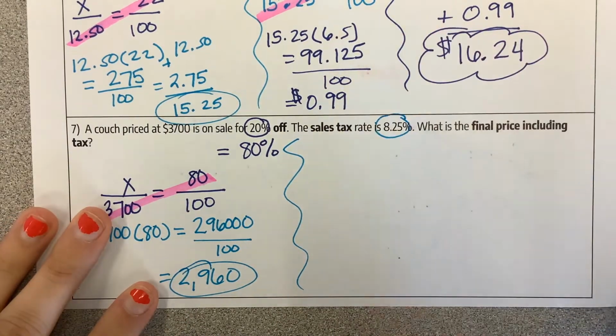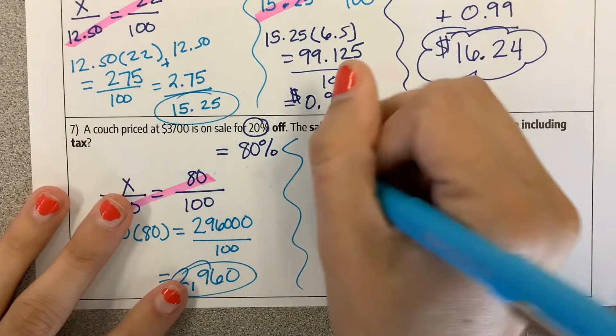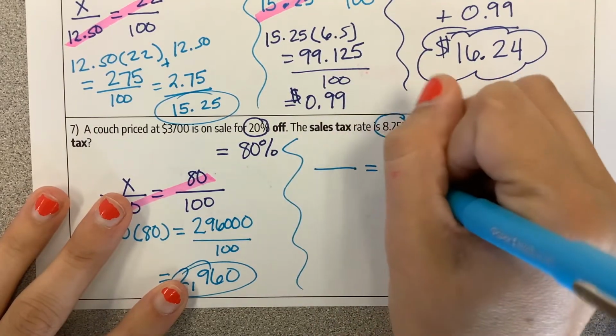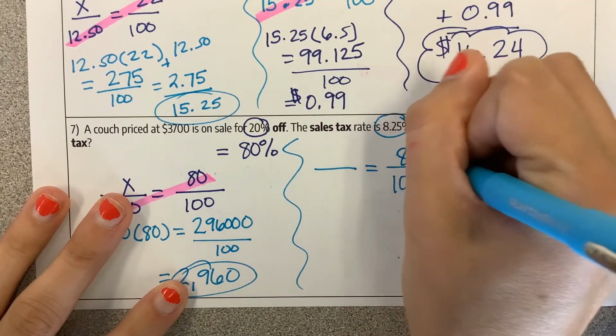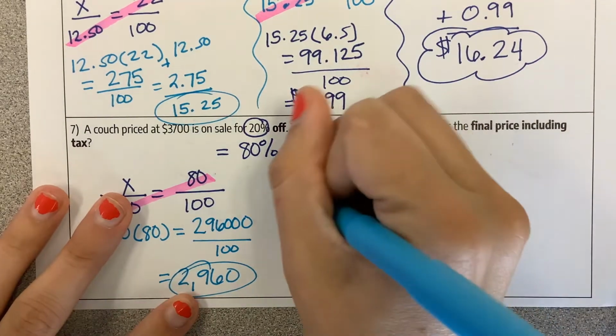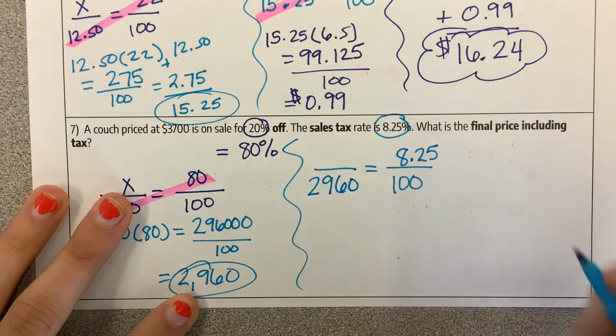So our sales tax rate is 8.25%. I'm going to set up a proportion. Our total amount for the couch now is $2,960. We are figuring out what is the tax amount.